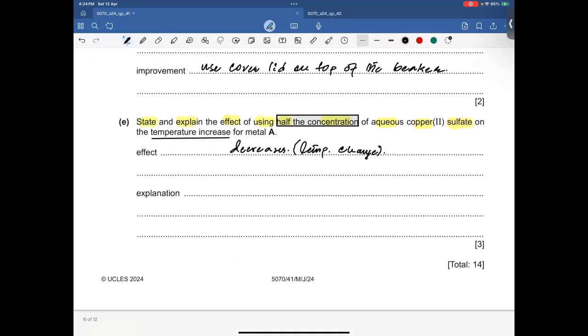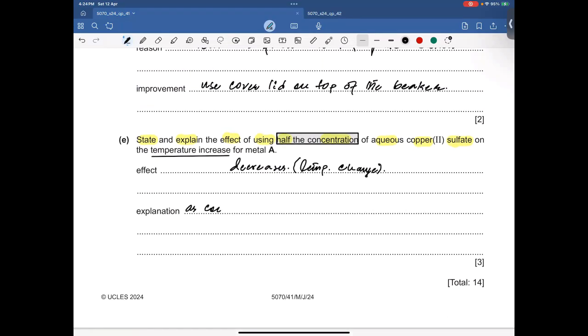Explanation: as concentration is halved, the amount of copper ions would also be halved.